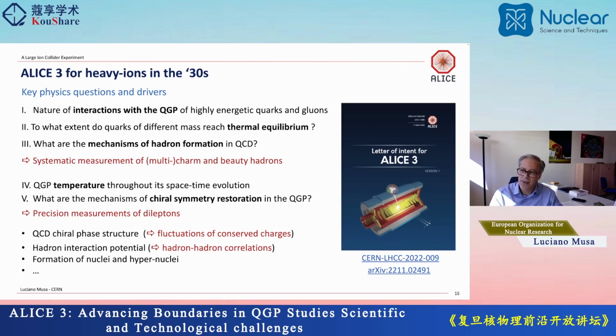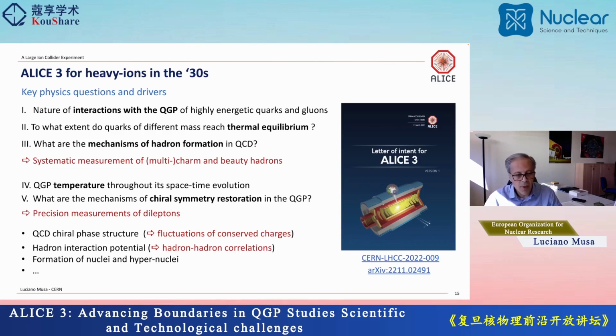Of course, this is also an area in which tremendous efforts have been made in the past 20, even more years. But we really believe that we are reaching the required precision to really have a quantum leap in understanding and measuring these observables.